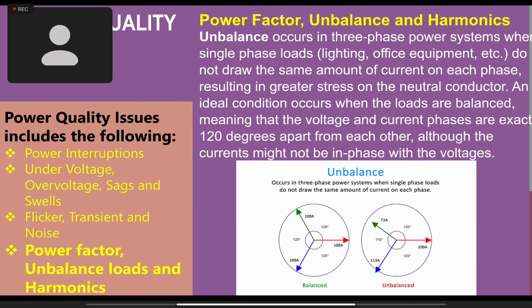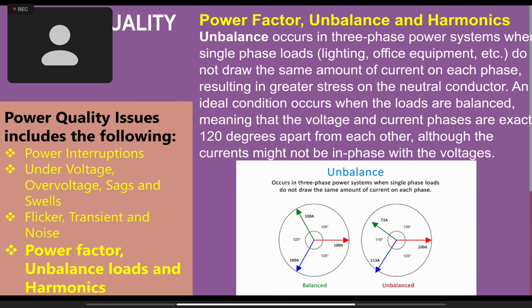Hindi natin ma-perfect balance yung ating load because of the varying characteristic of the loads and its utilization. So hindi man siya magpantay all the time. And then we have single-phase loads. Pagka ganun, it's impossible to have a system that is balanced. So, is that an issue?